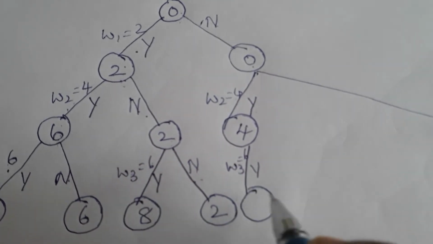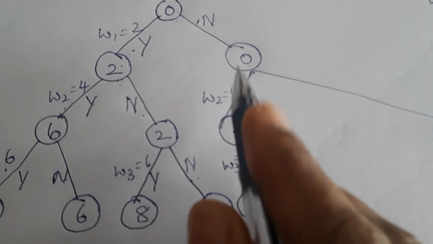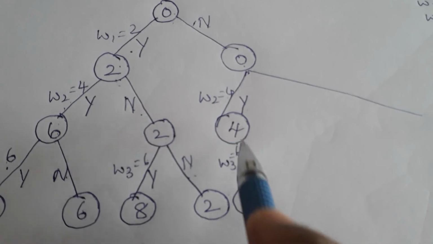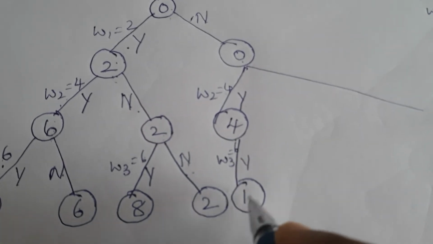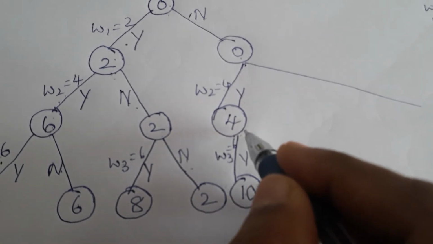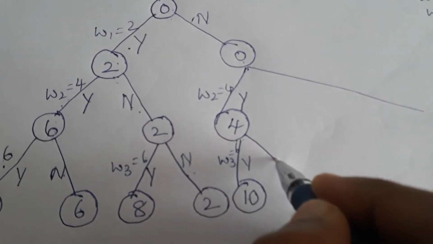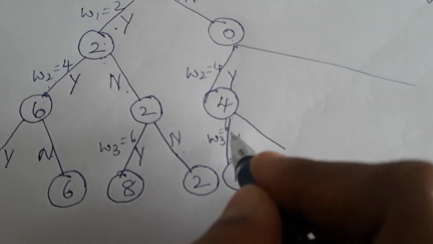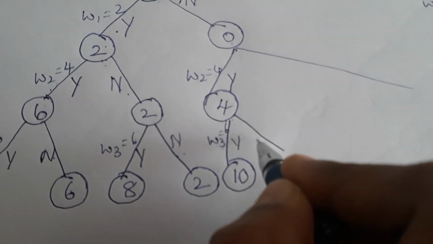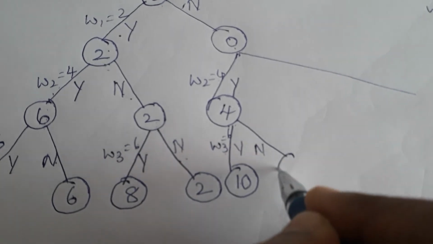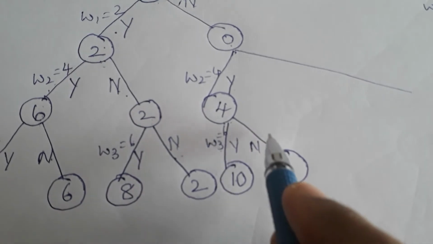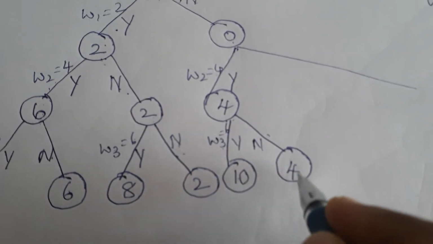So the subset is 4 and 6, that is the sum 4 plus 6 is 10. Now we will backtrack to the parent at level 2, and we have the other option of not considering w3 in the subset. So the resultant sum is 4 plus 0, which remains 4.